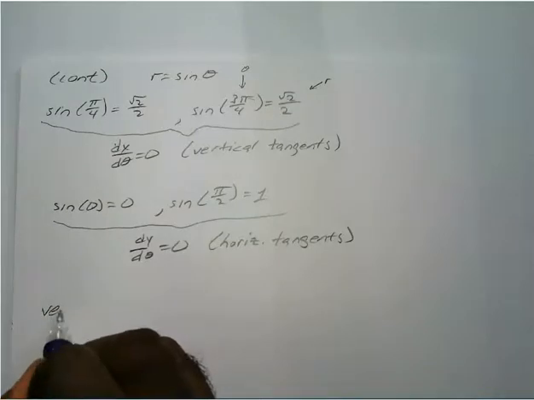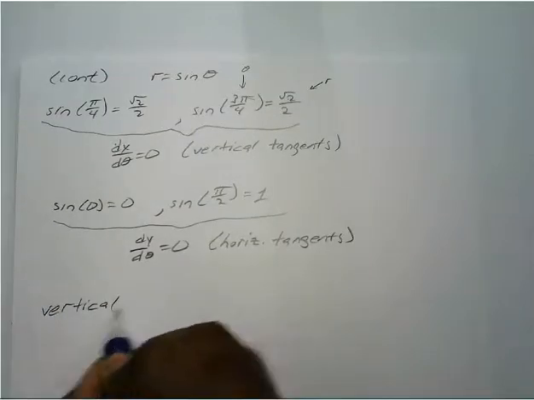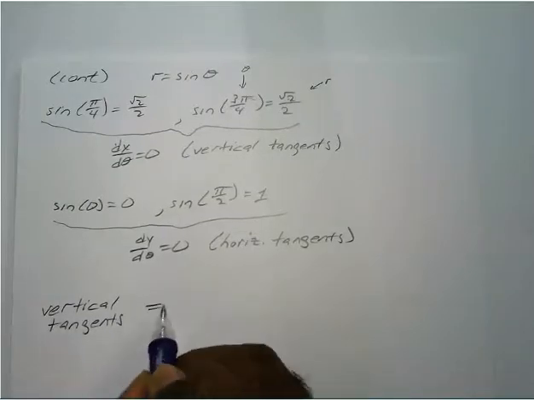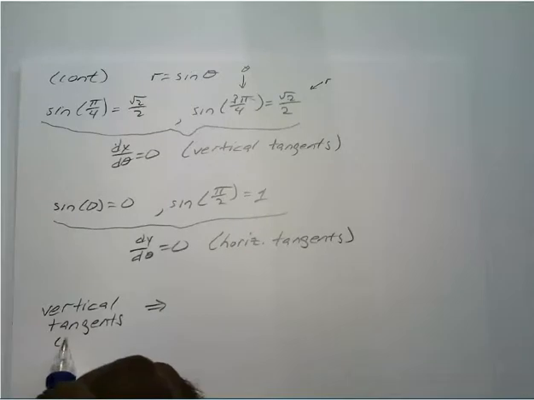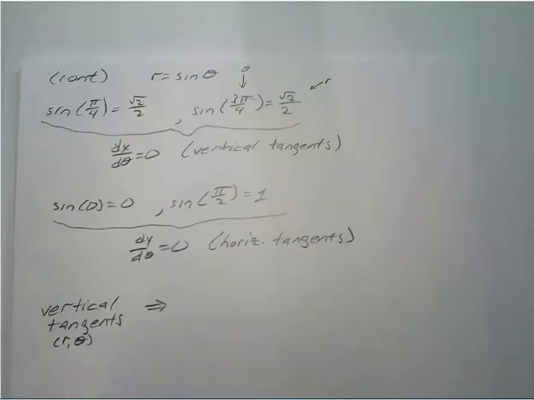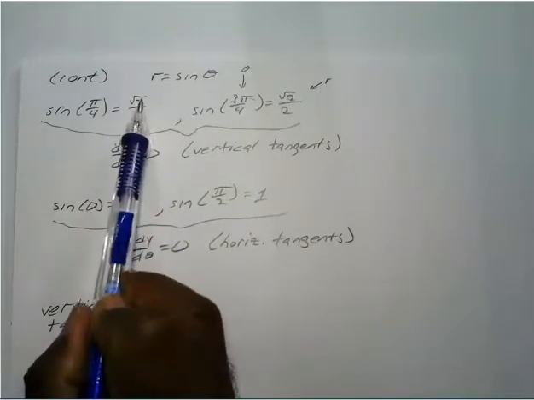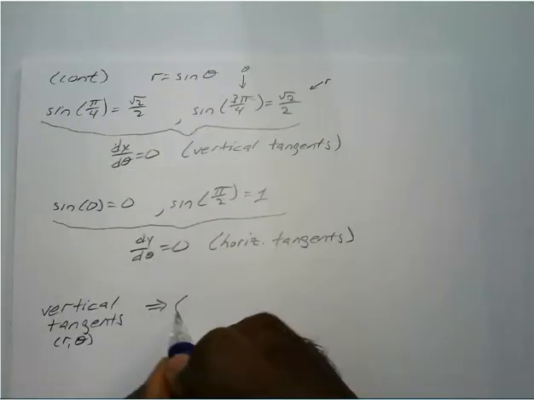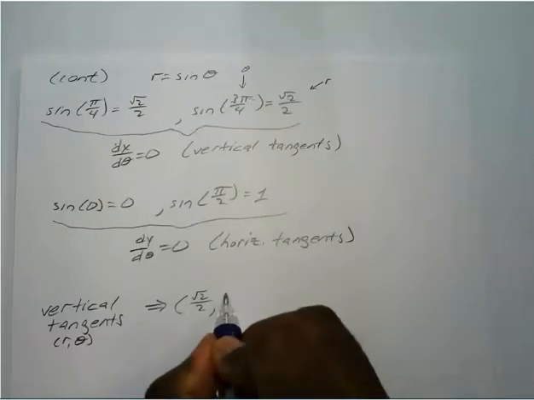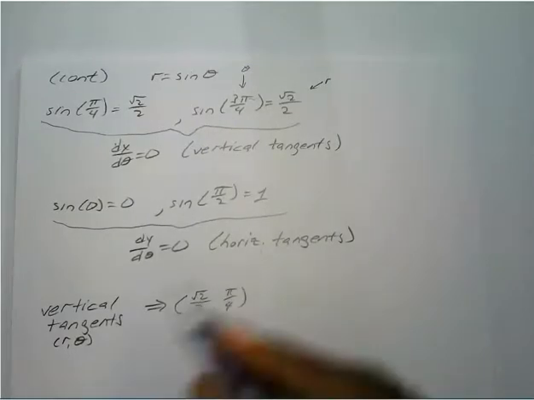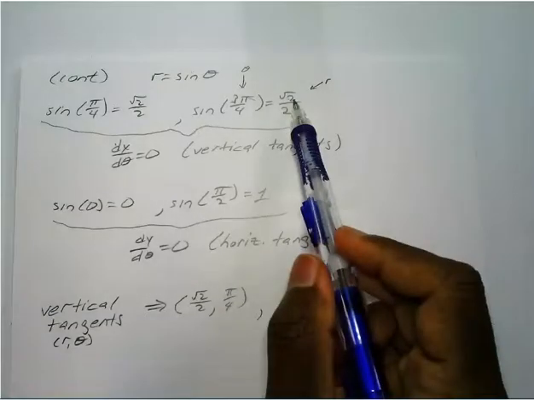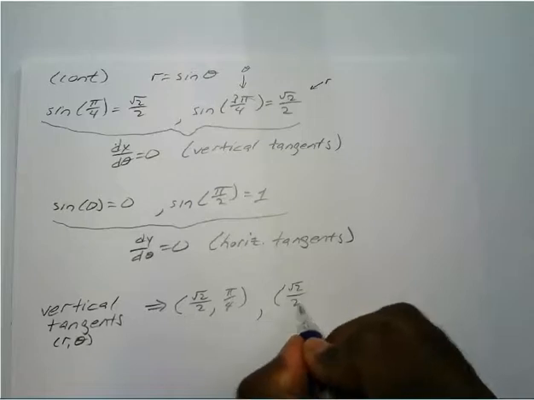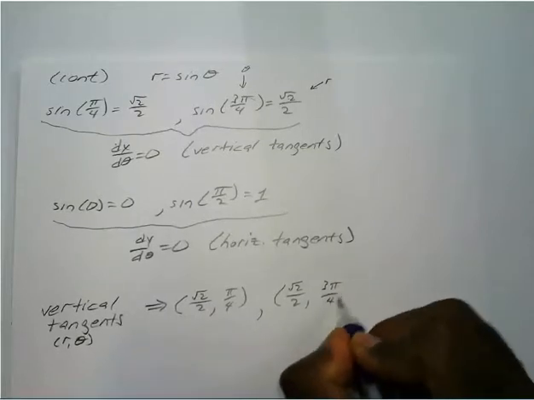So for your vertical tangents, remember it has to be in the form of r, θ. r is √2/2 when θ is π/4, so √2/2, π/4. And r is √2/2 when θ is 3π/4, so I have √2/2, 3π/4.